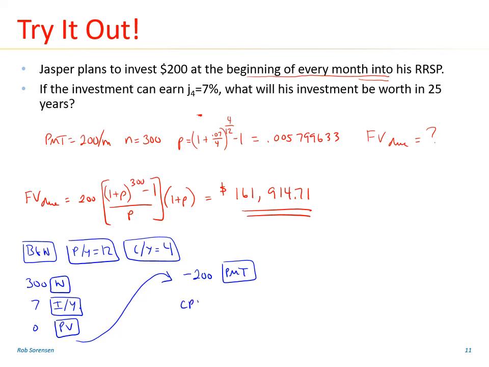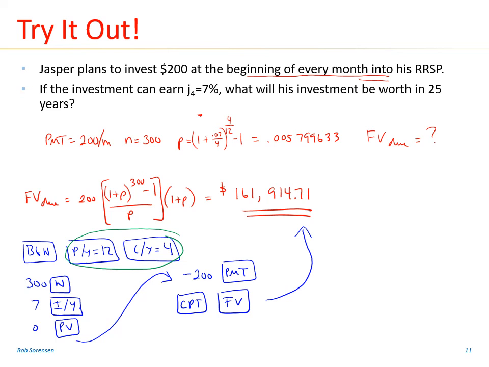And then we'll go compute future value. Because we're in begin mode, it'll be the future value due, and you should come back with the same number. The interest rate conversion was taken care of already because you had made CY different than PY. So the calculator already knows. Time to convert everything. Let's go.